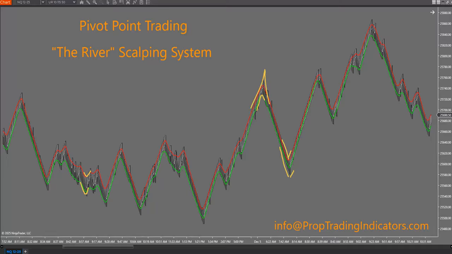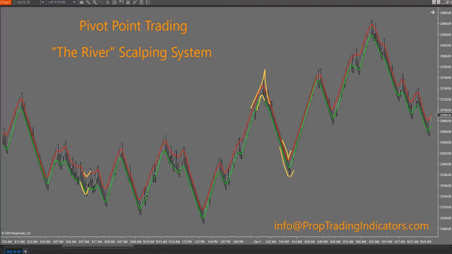So let's say this was a qualified reversal right here that the indicator detected. When the River has its first down leg on both the upper and lower sides, there's a certain look to the indicator, a certain sequential pattern of the up candles in relation to the down candles.